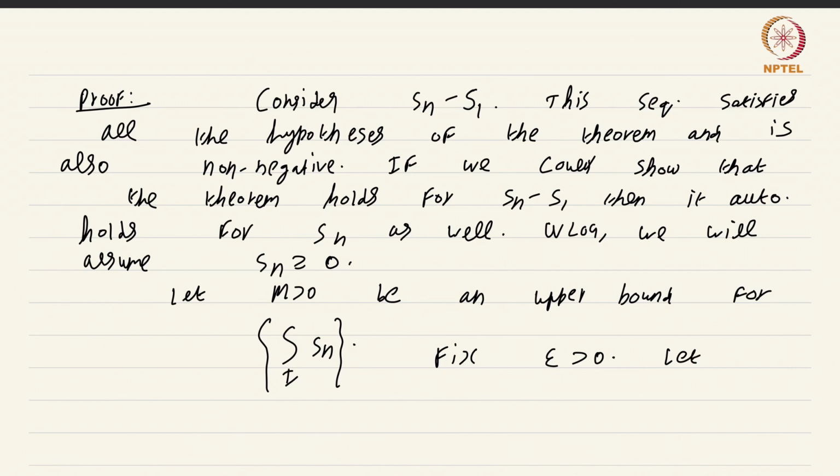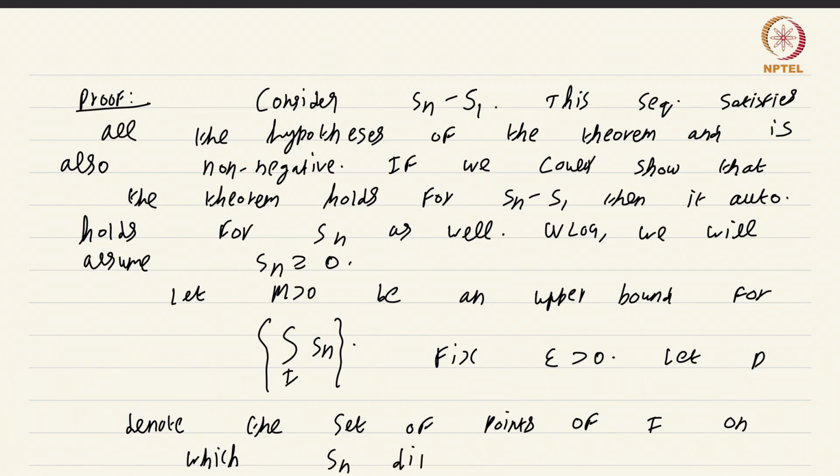Let D denote the set of points of I on which Sn diverges.